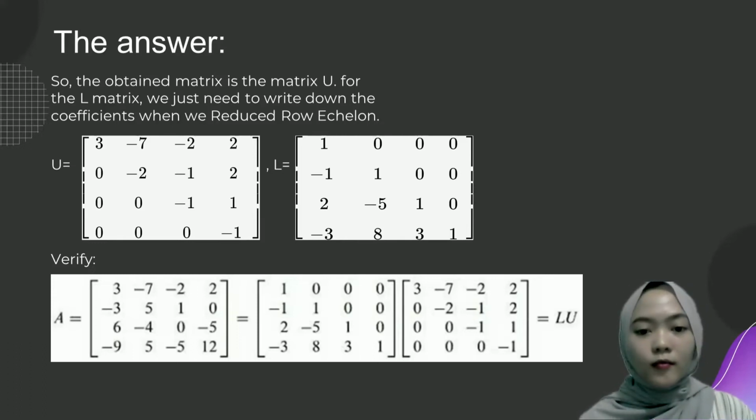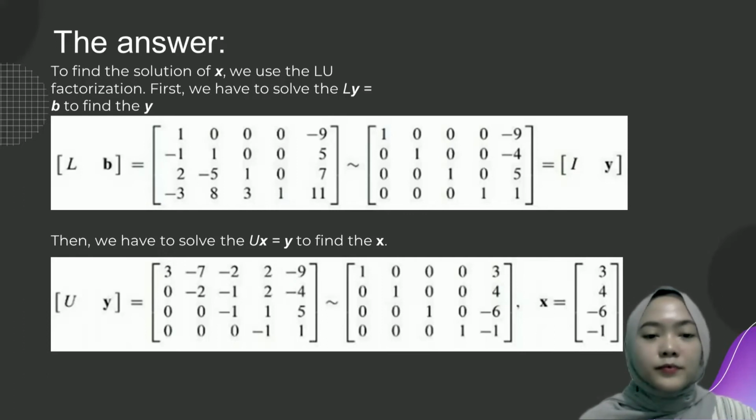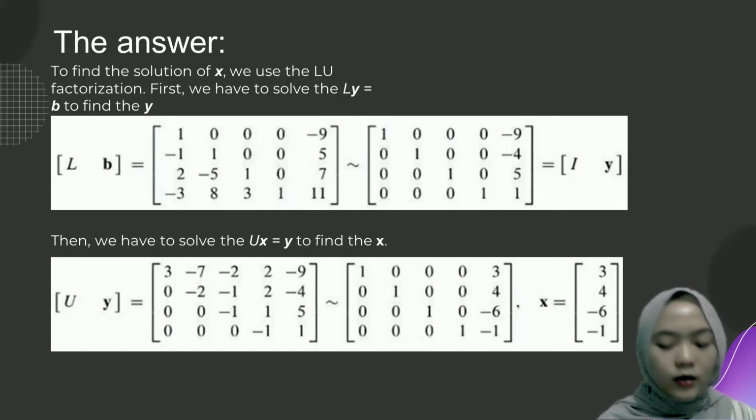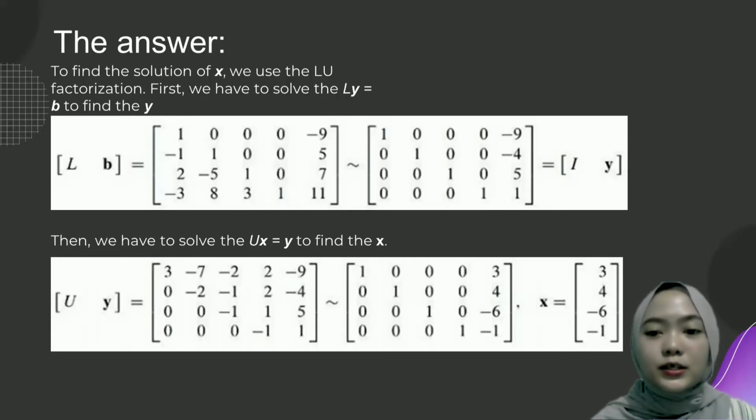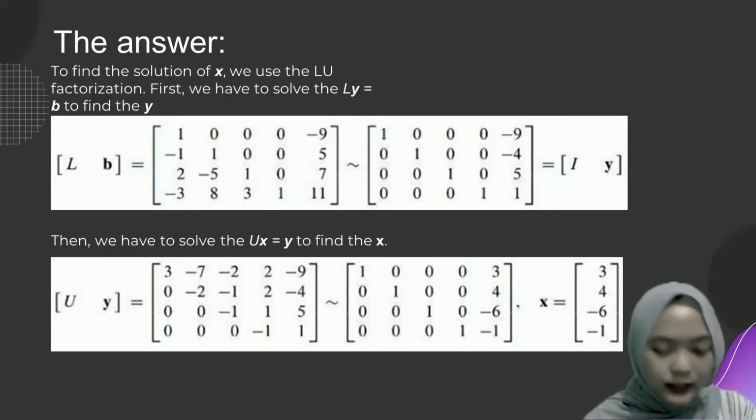And the last step, to find the solution x, we use the LU factorization that we already did before. First, we need to solve Ly equals b to find the matrix y, as follows in this slide.